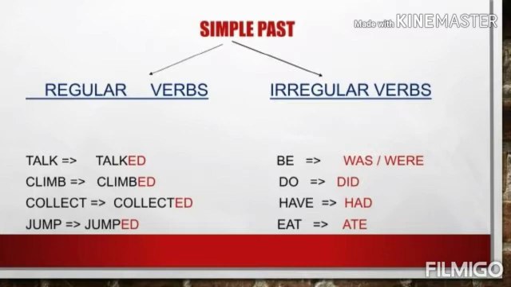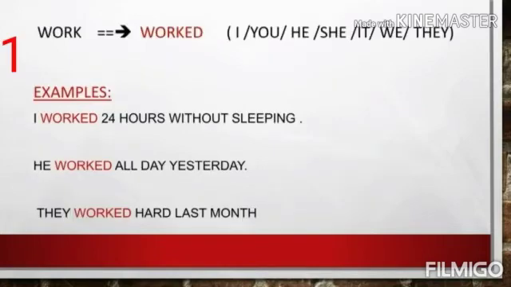Is it clear? Now let's see some example of regular verb. Number one, we have the verb work. So what is the simple past of work? Yes, it's worked. And then I can say worked with all subject. Okay?